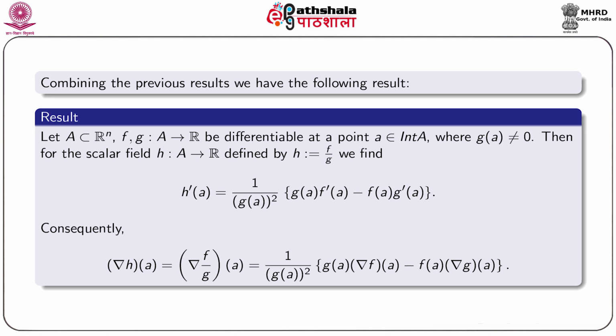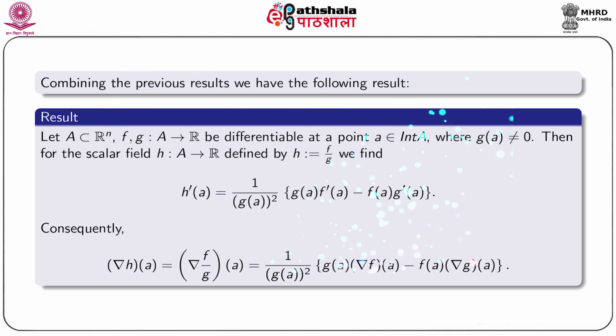Combining the previous two results, we have the following result. Let A be a subset of Rn, f and g are two scalar fields defined on the set A and both are differentiable at a point a belonging to interior A. We further assume that g(a) is non-zero.